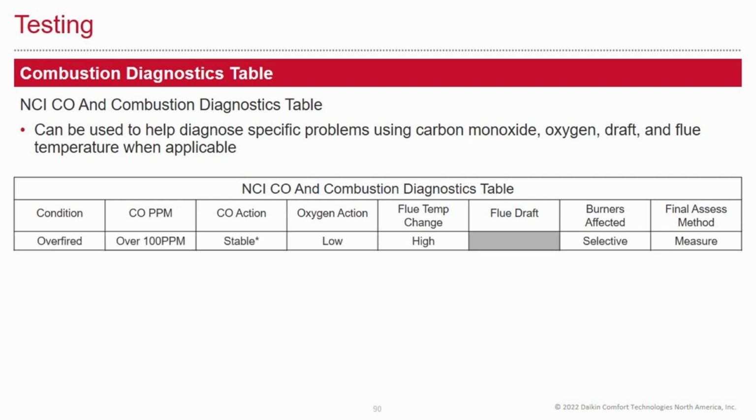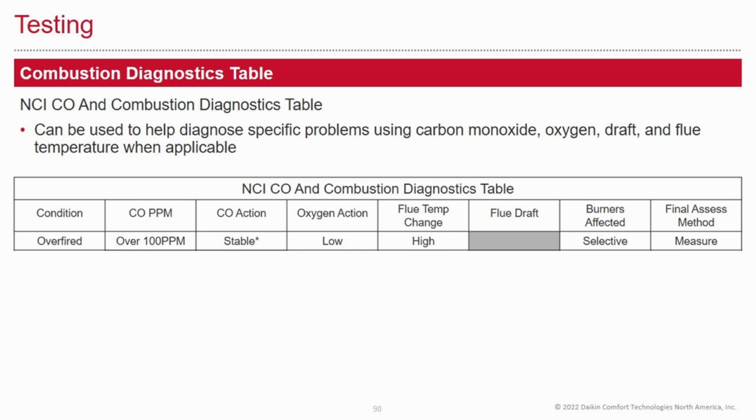If your condition was overfired, your CO would be over 100 parts per million. CO action could be stable. However, if you have an induced draft system, the CO action will normally rise in an overfired condition. Oxygen would be low. Flue temperature change would be high.